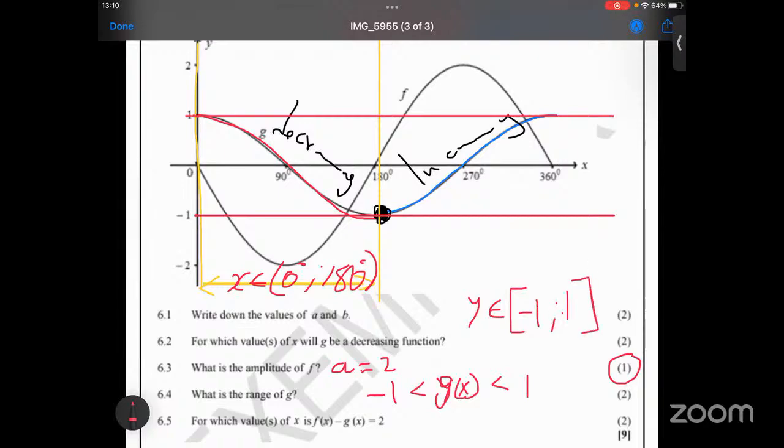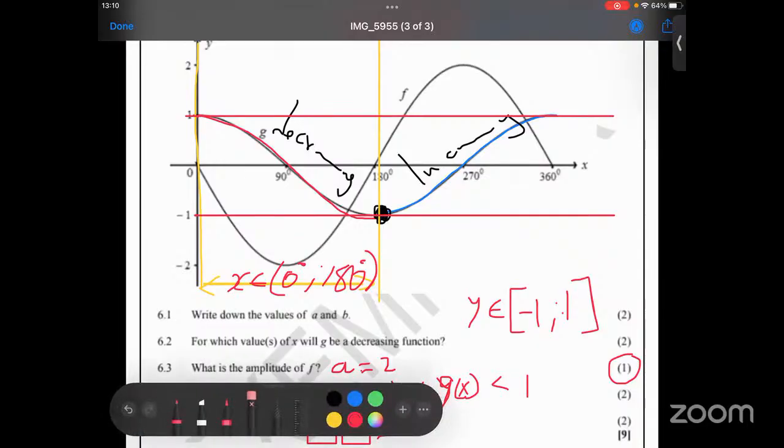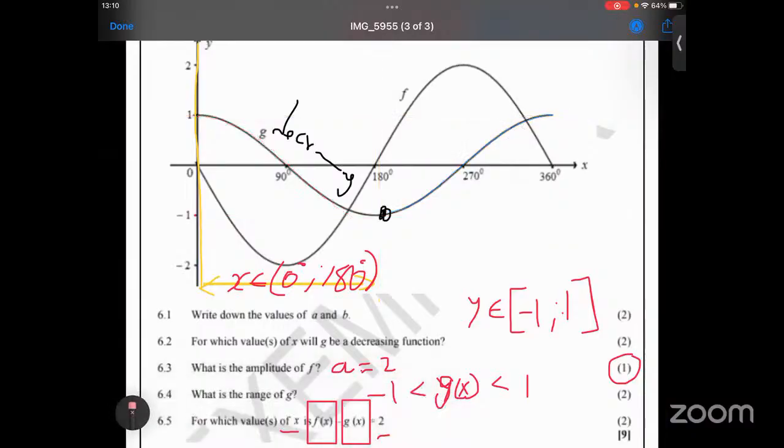Yes. And then now they say for which values of X is f of X, when you minus it by G of X, your answer will be 2. Just erase this because this is an important question.